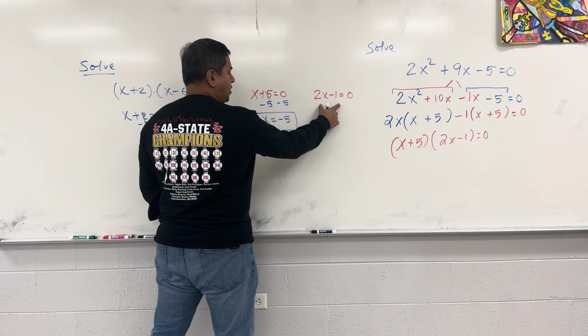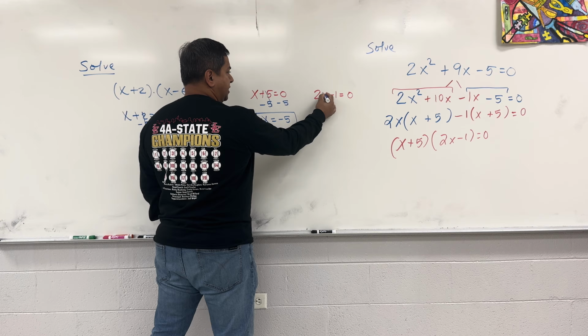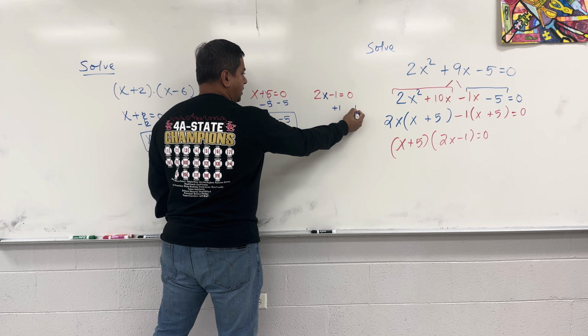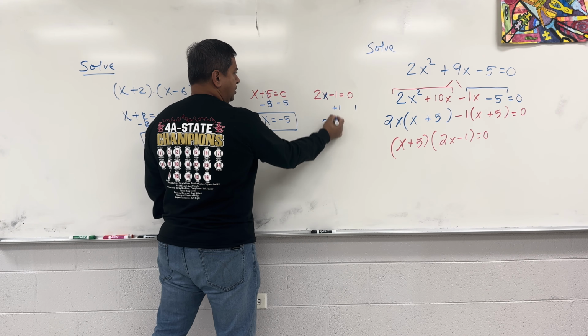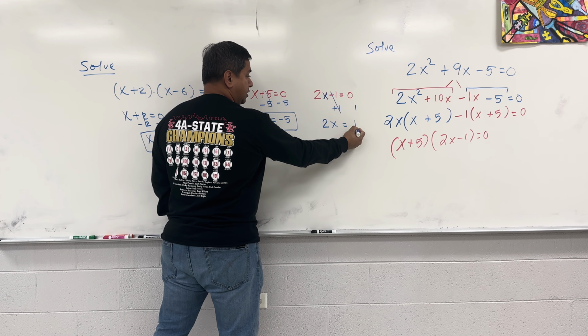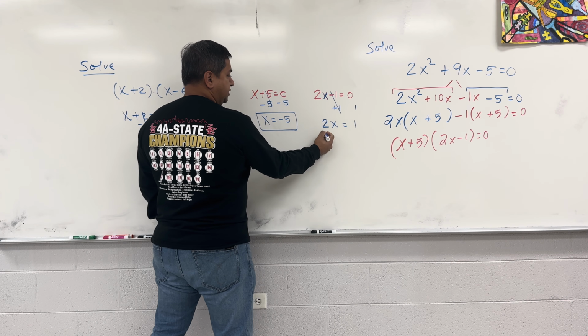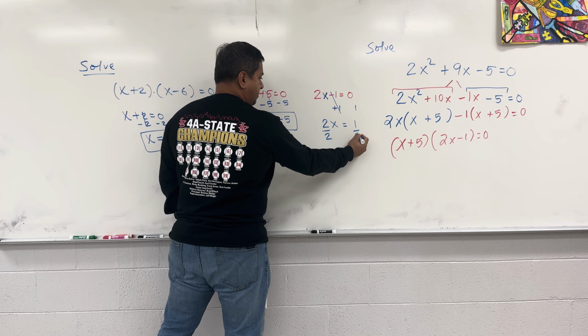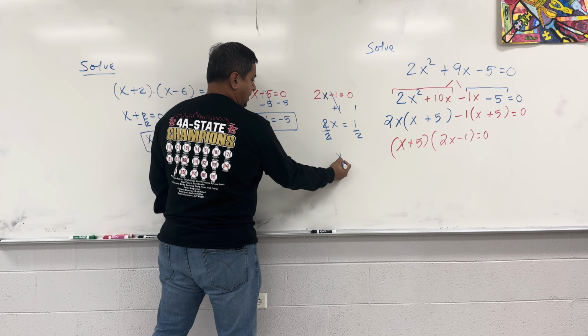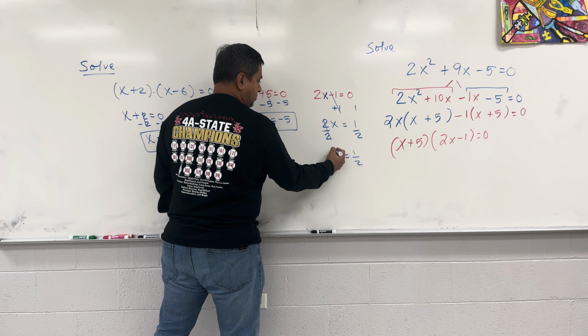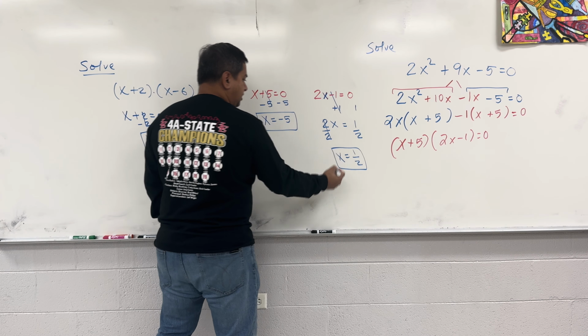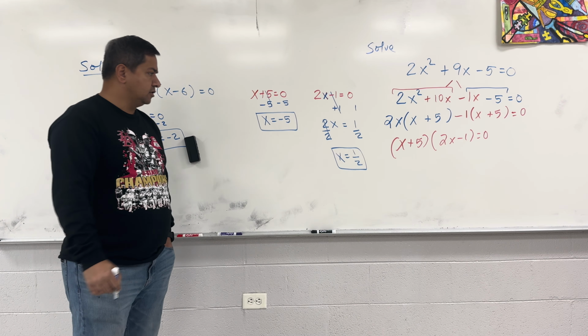The one on the right side, we want to get this x by itself. So we add 1. I have 2x equals 1. Then we still need to what? Divide by 2. And then I get x equals a half. So these are your two solutions.